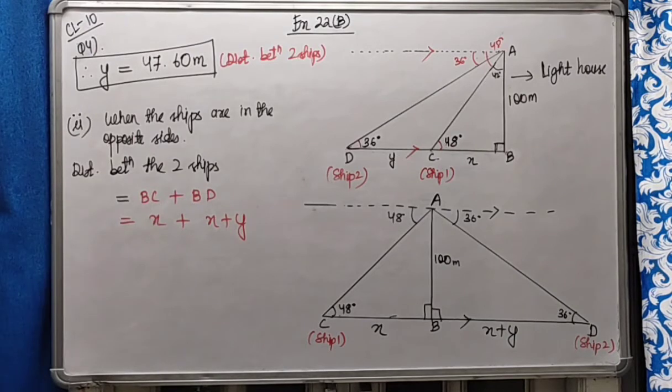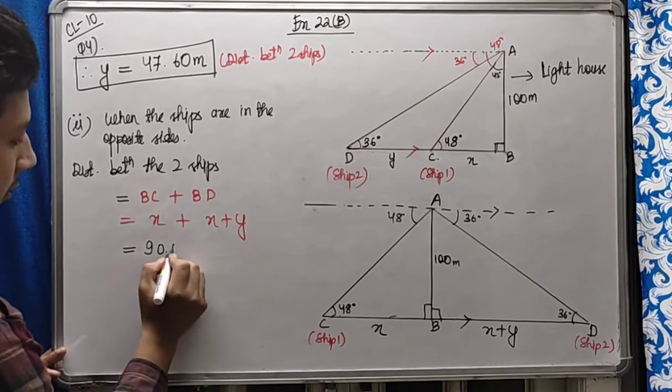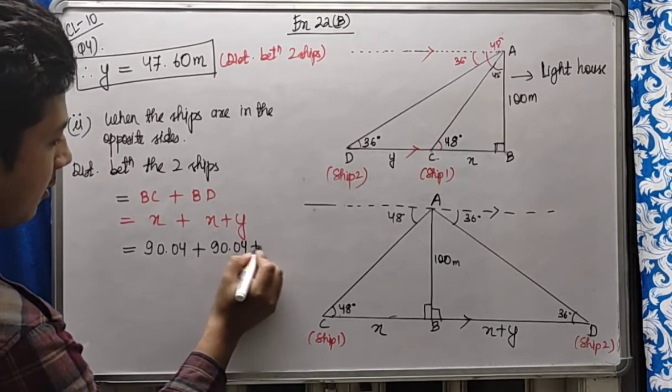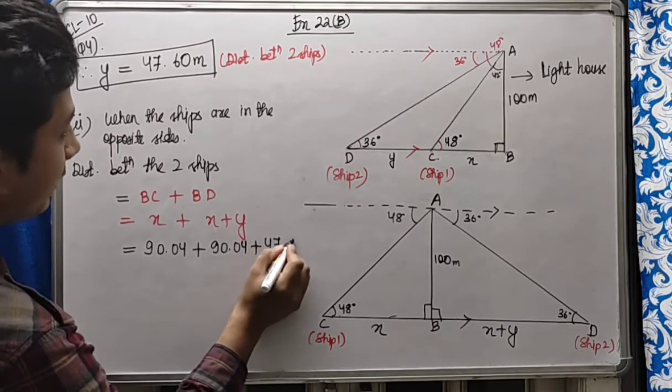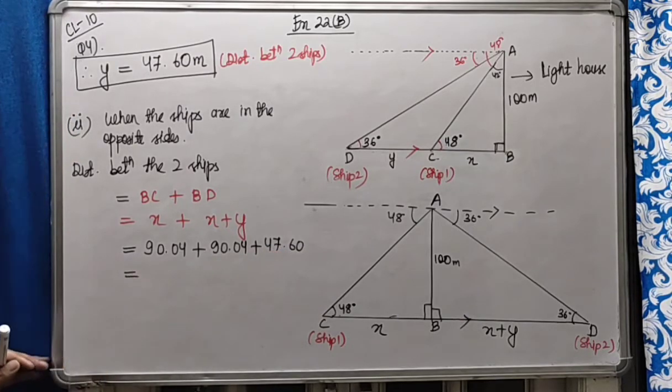So I can put the values here. What is x? x was 90.04, so 90.04 plus 90.04 plus 47.60.